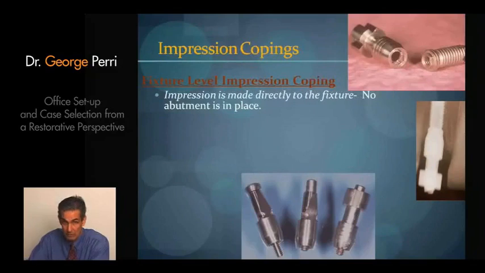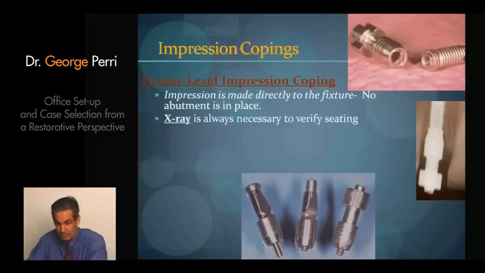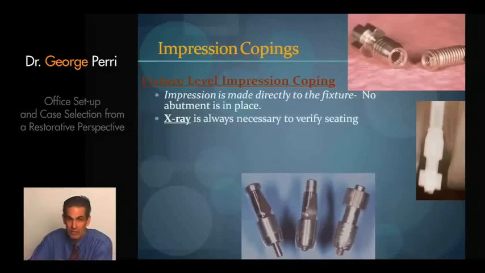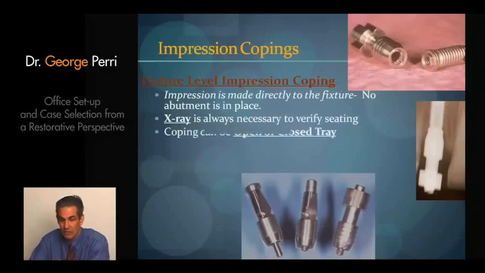There is no abutment in place, and that's the only thing we need to know. I prefer, whenever we're connecting, especially an impression coping subgingivally, that we take an x-ray. Many people say that, with some of these new implants or the newer types of implants, there's no need for that, but I can guarantee to you, sooner or later, there'll be an issue that the impression coping isn't fully seated, so I think there's value there.